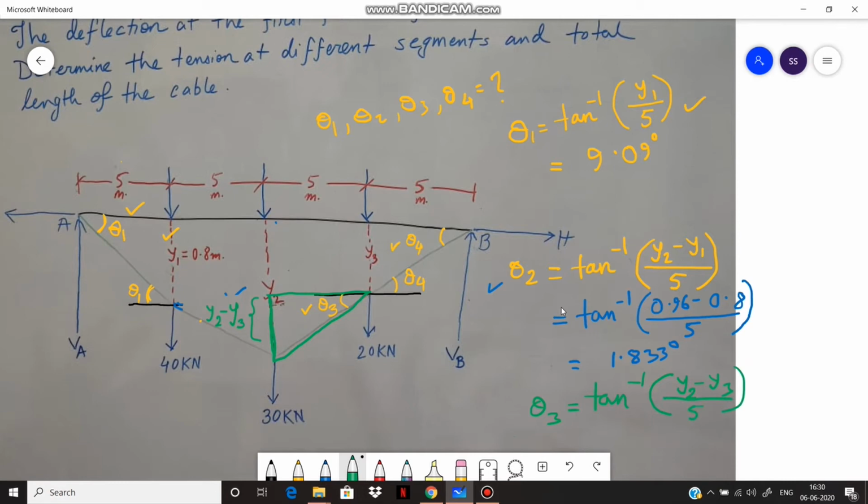So 5 is the base and this is the height of the triangle.